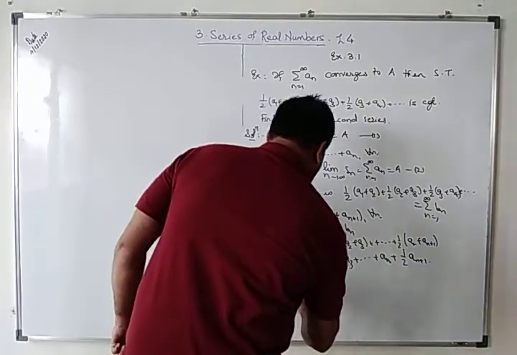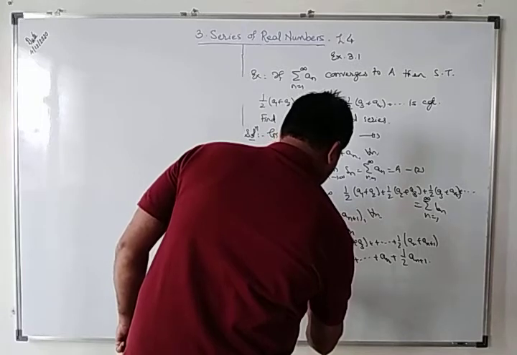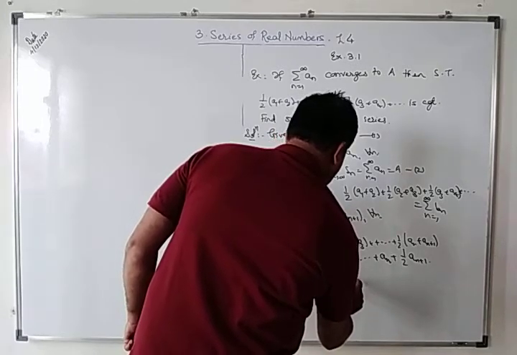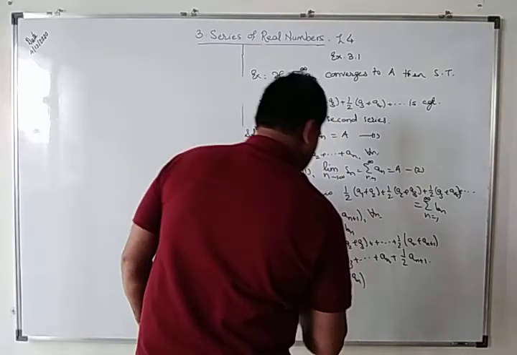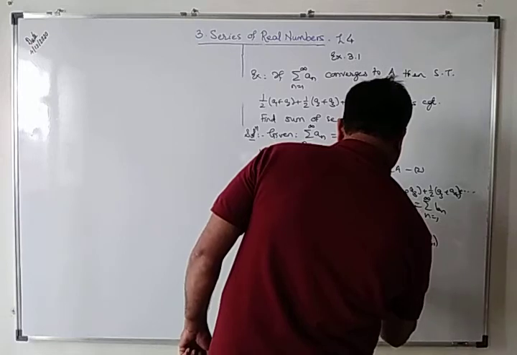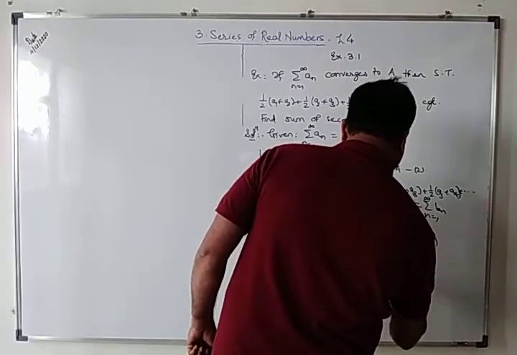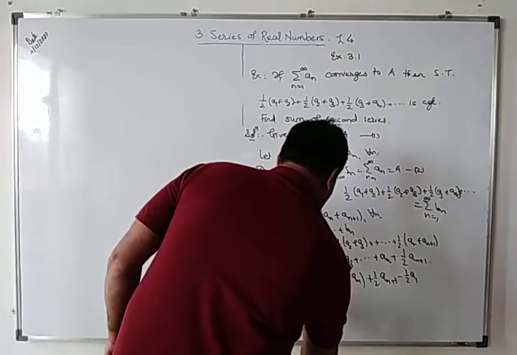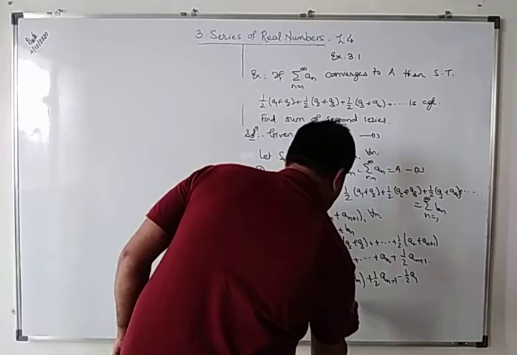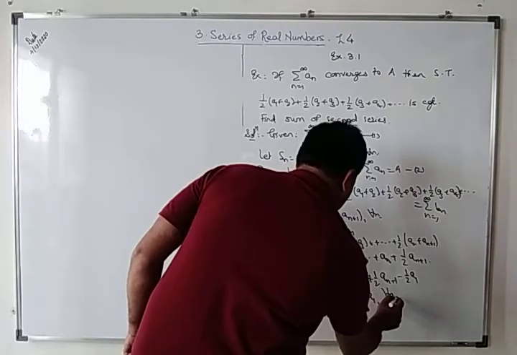Then this will become a1 plus a2 plus dot dot plus a_n, plus half times a_{n+1} minus half a1, which is precisely S_n plus half a_{n+1} minus half a1 for every n.